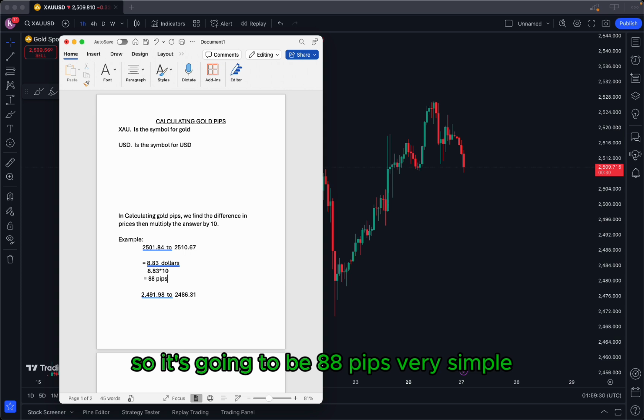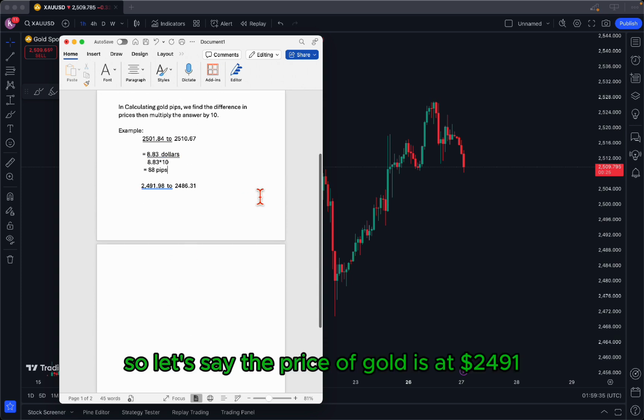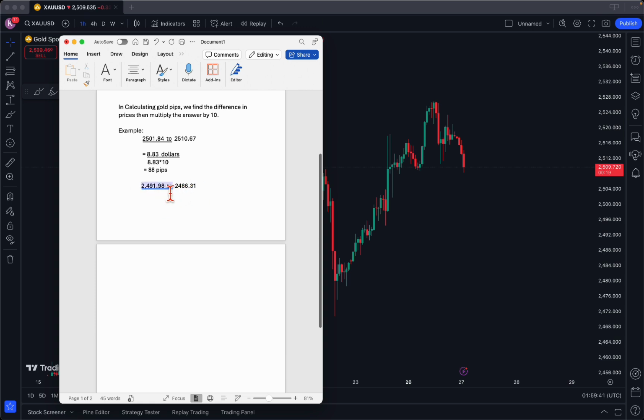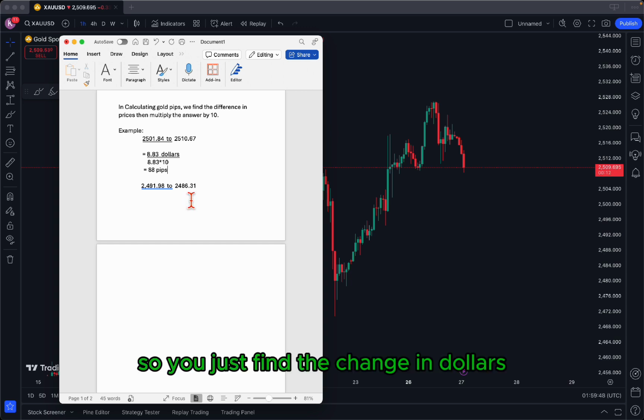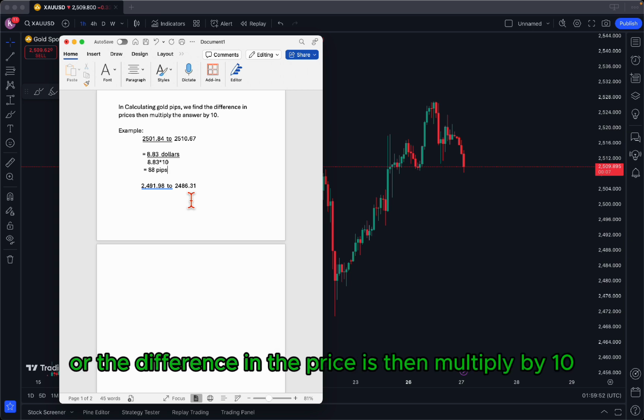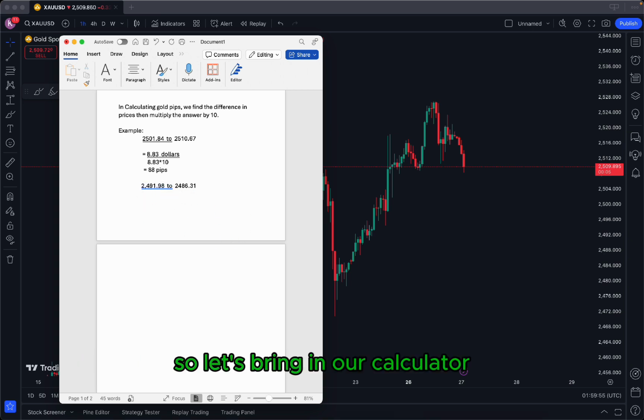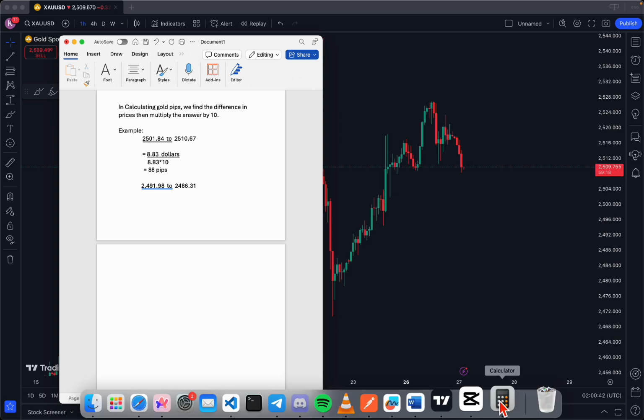Very simple. Let's take another example. So let's say the price of gold is at $2,491 and it moved to $2,486.31. So you just find the change in dollars or the difference in the prices, then multiply by 10. So let's bring in our calculator.